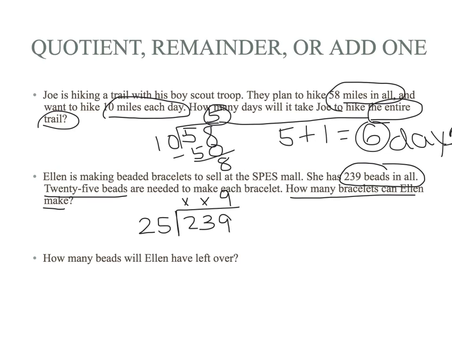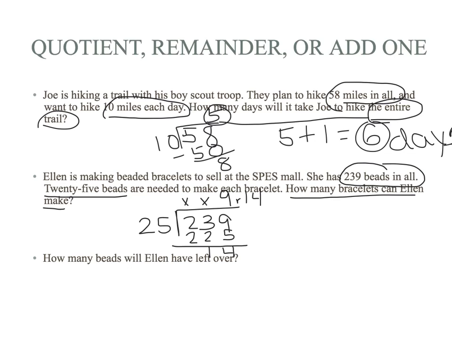Multiply 25 times 9 is 225. I'm running out of space. I did not plan this very well. 239 minus that is 14. So I have remainder 14.